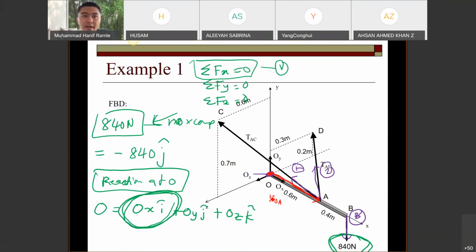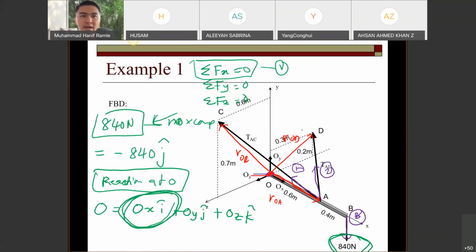And of course, there is more than one possible R. It can be from O to A, and it can also be from O to this point, ROC, or to this point, ROD.